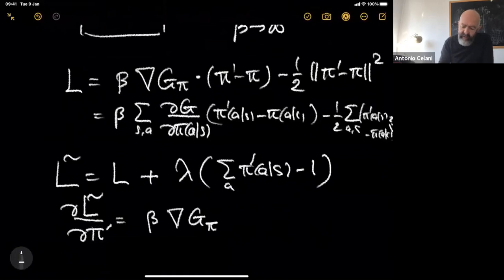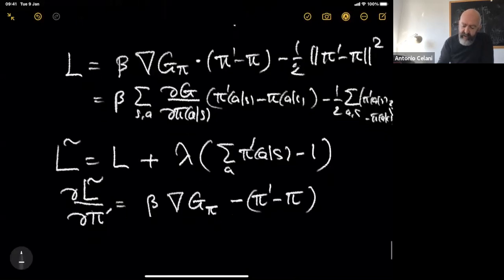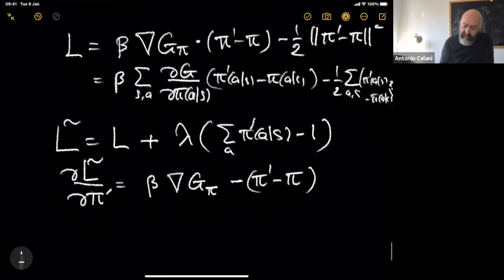The second term is quadratic, which gives me minus pi prime minus pi. And then I have the Lagrange multiplier, which enforces the normalization. But let's ignore this for a moment. I could put a lambda and then impose normalization.